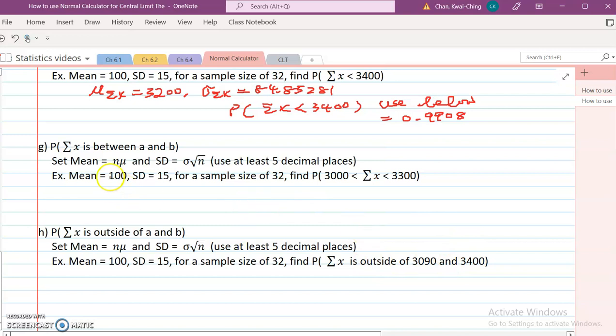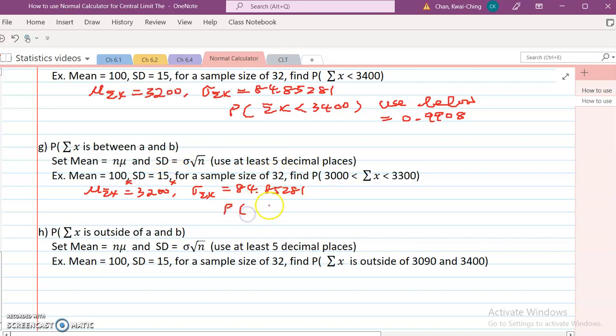The last two are between two numbers as well as outside of two numbers. Because we're using the same mean of x and standard deviation of x, our new mean of sigma x stays the same, 3,200, and sigma of sigma x would be 84.85281 because it's just 15 times square root of 32.